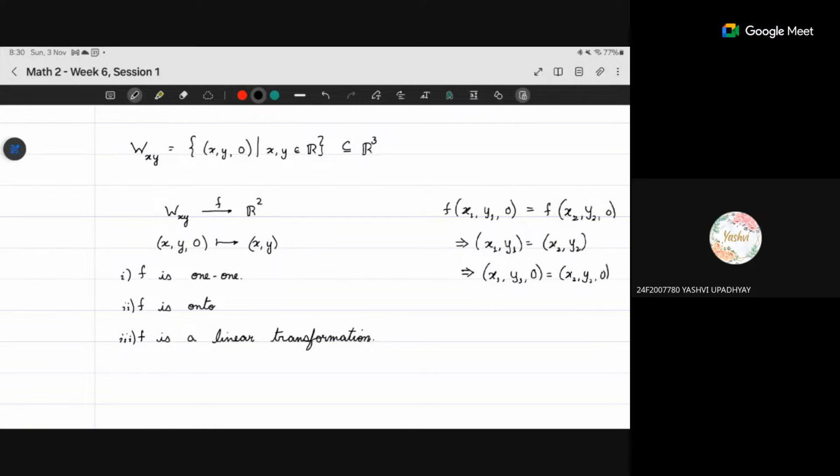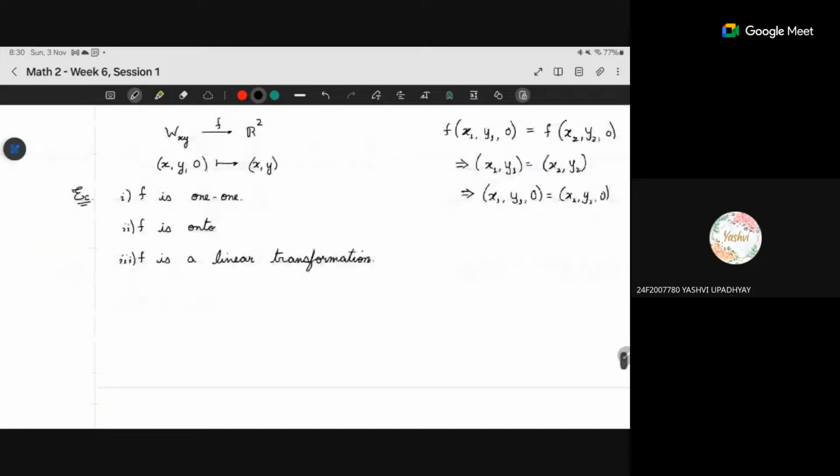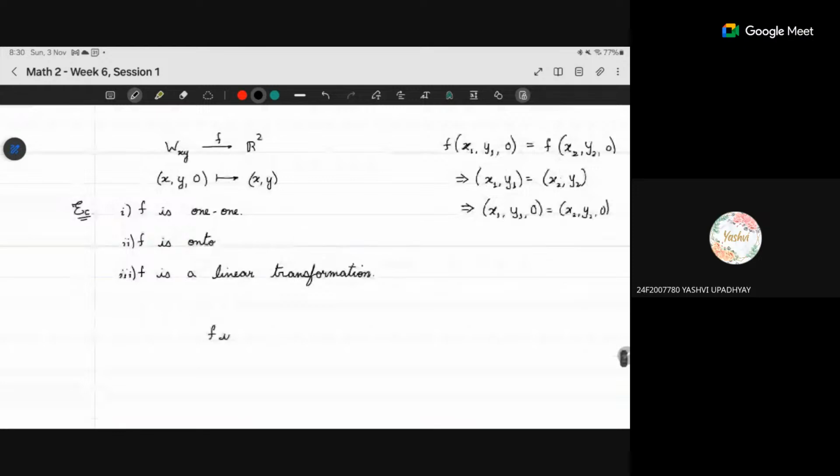If you take x1, y1, 0 plus x2, y2, 0, and you check whether f of x1 plus x2, y1 plus y2, 0 is the same as the sum of the images, it's a routine check. So I'll just leave this as an exercise. But what does this say? All of these three things are true. So f is an isomorphism.